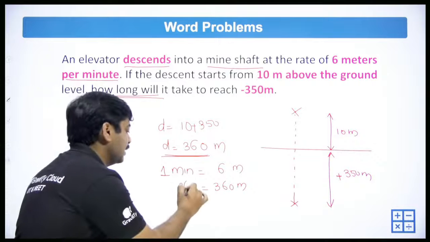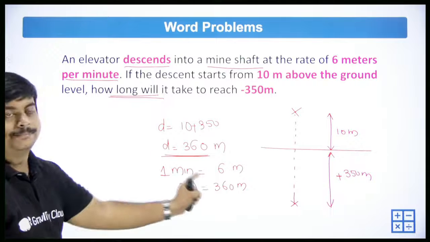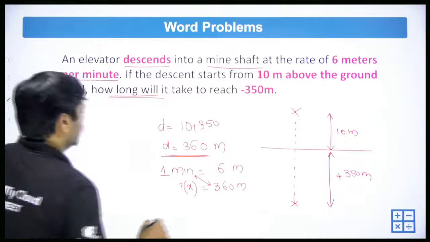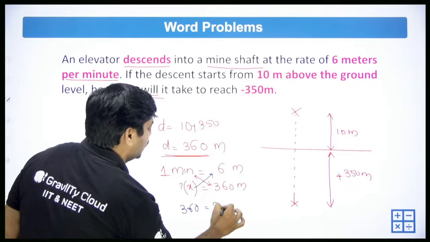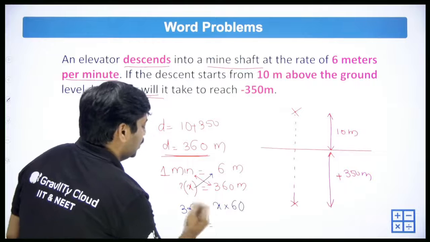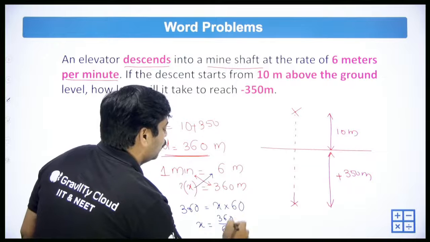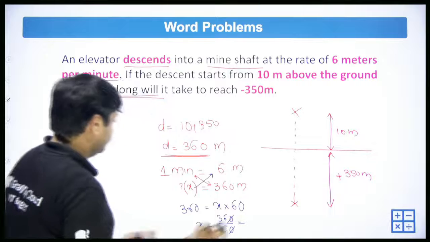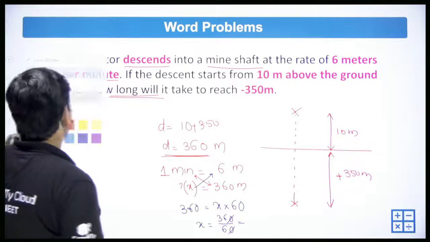Let me take this duration as x. How to calculate this? You need to cross multiply. 1 into 360, which is 360, is equal to x into 6. So the value of x will be 360 divided by 6. Sorry, once again, 360 is equal to x into 6, not 60, it is 6.